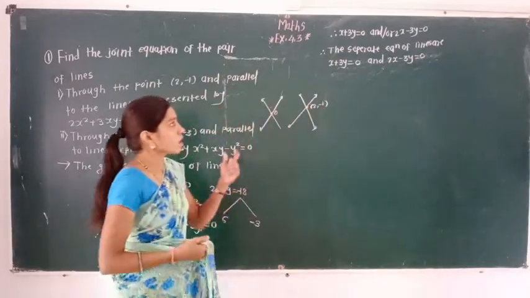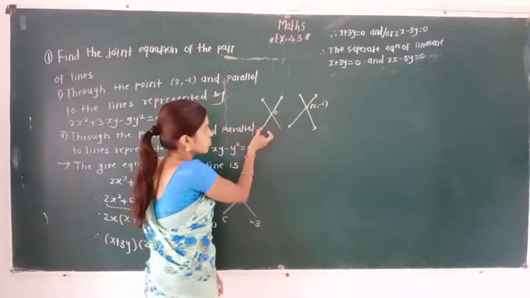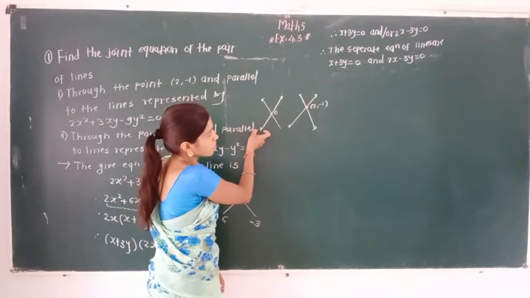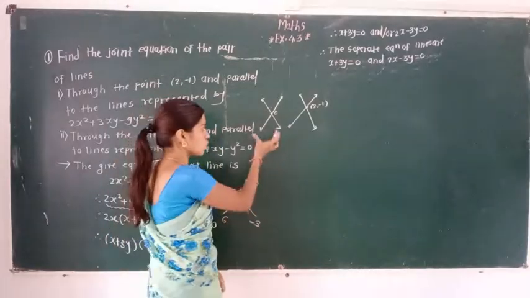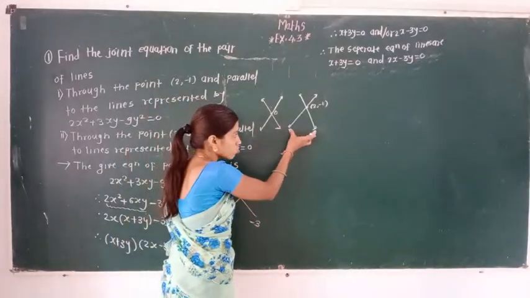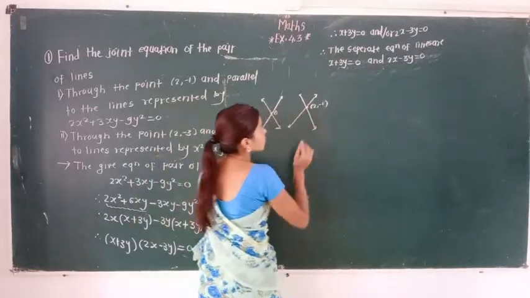So we have these two lines: the first line is x + 3y = 0, the second line is 2x - 3y = 0. The required lines are parallel to these two lines. First of all we have to find the slope of these two lines.